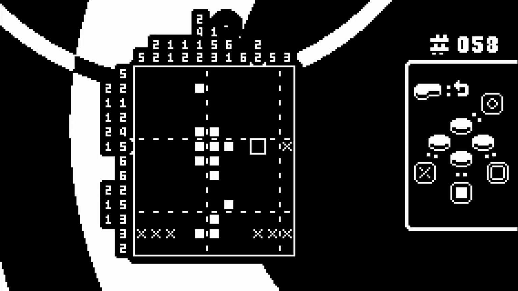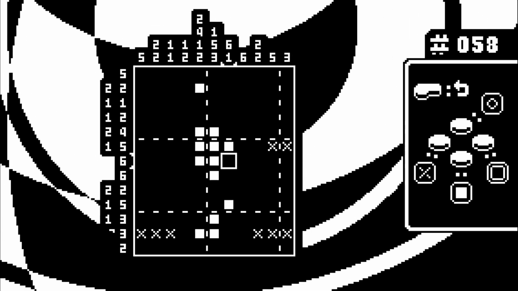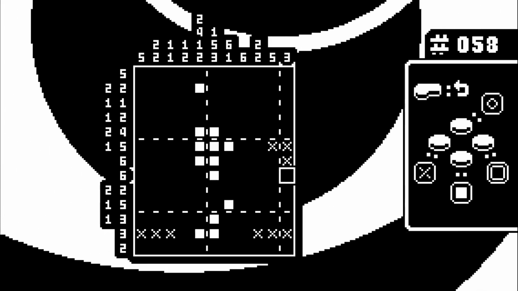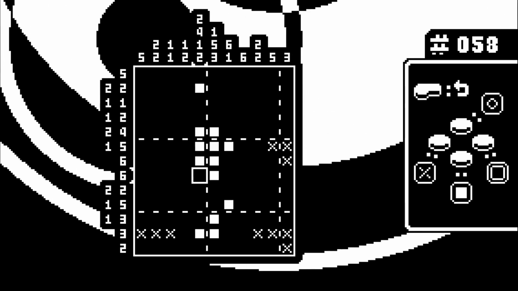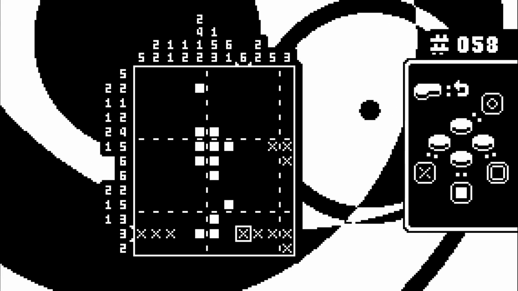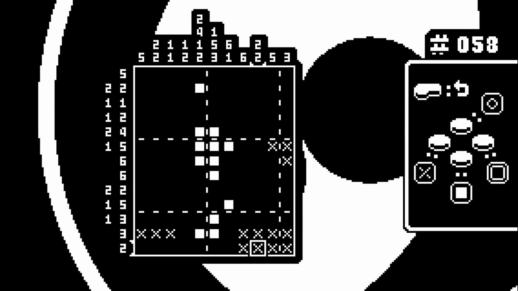Well, yes, I know that's the 5. It can't come over that far. I know that's the 6. Now it can't come over that far. This 3 lets me place an X here. And I interacted with this, so that 3 means this is an X. This 6 means that is, and that is, and that is. Well, the 6 doesn't mean that, but the 2 and the 5 do.